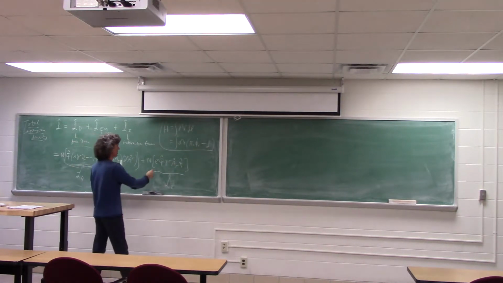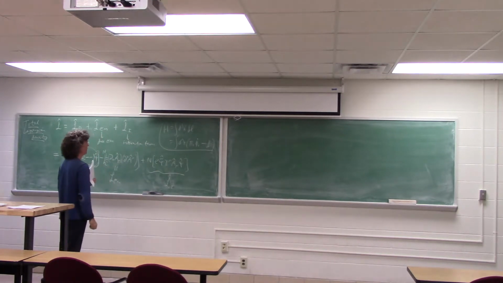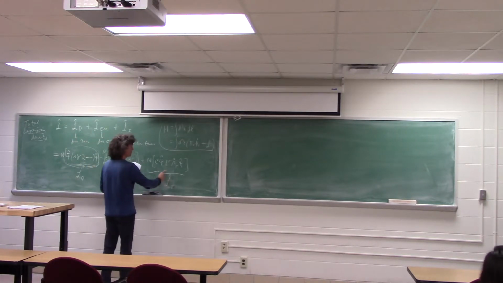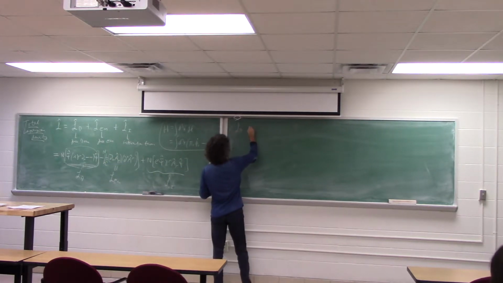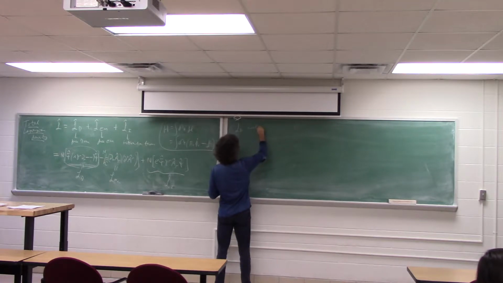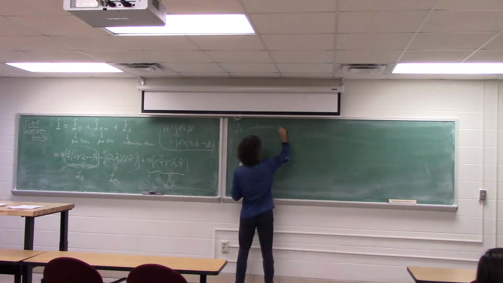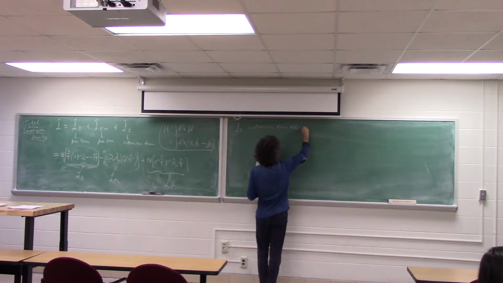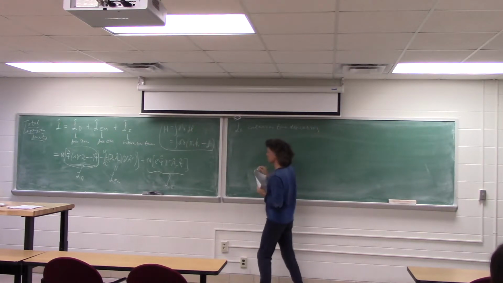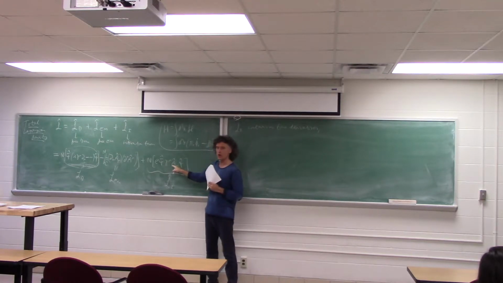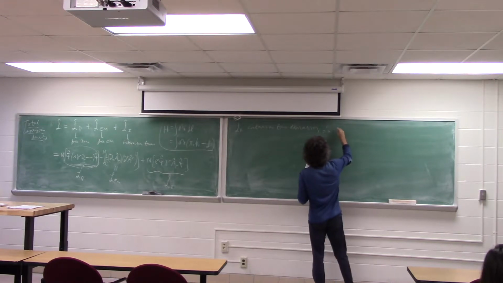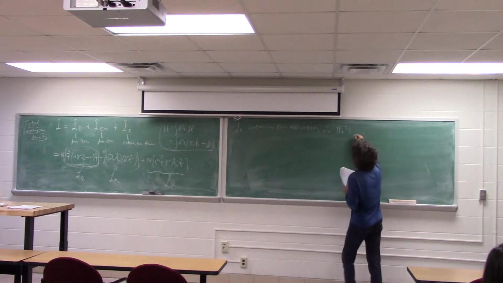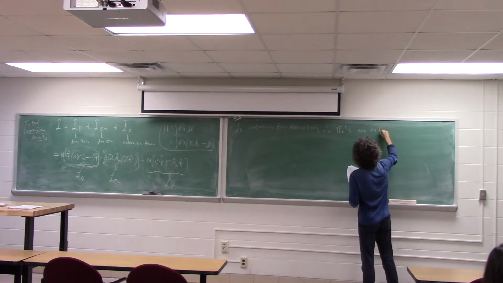So, if I add a term like this to the Lagrangian density, notice that L interaction contains no time derivatives. It just contains the fields themselves and no derivatives of the fields. Therefore, the canonical momentum densities are as before.